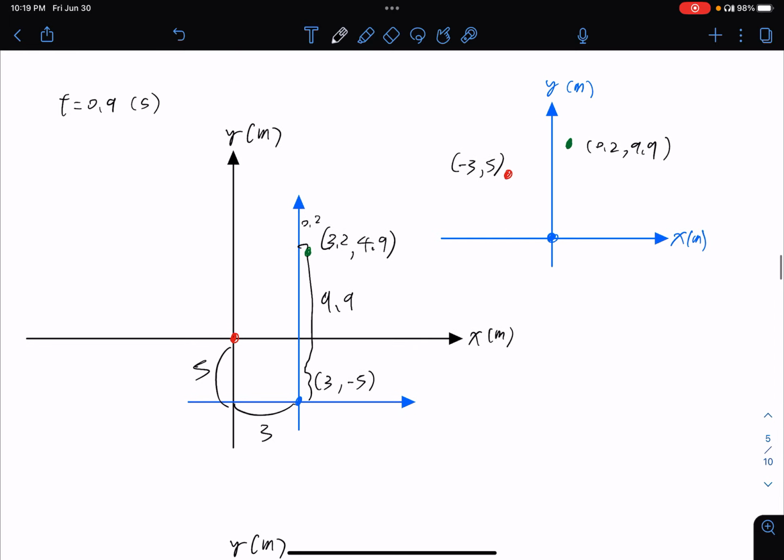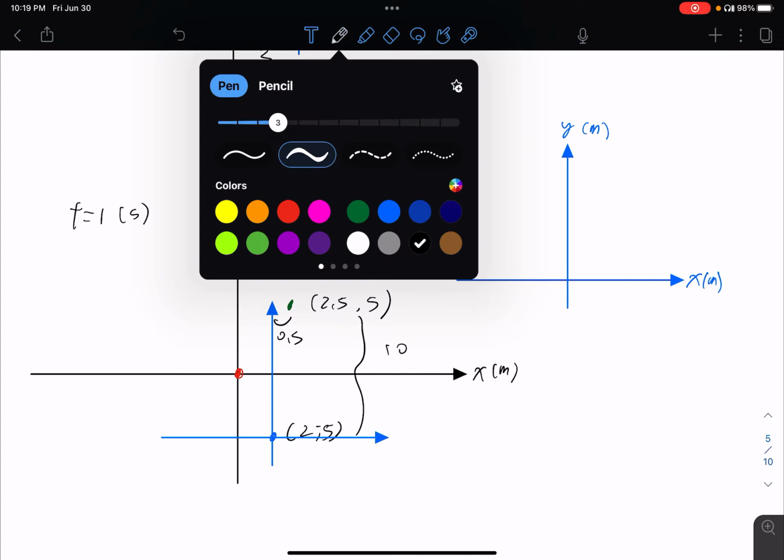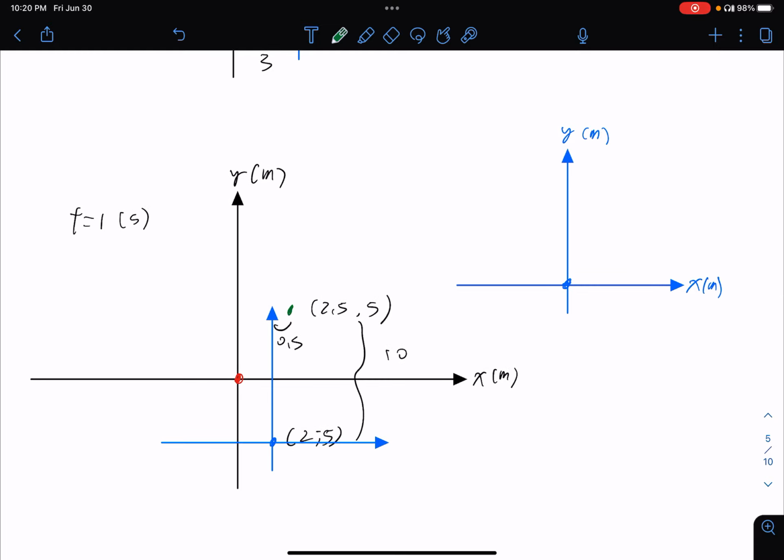We have the green dot in the blue dot's frame at 0.5 and 10. Now for the red dot it's 2 and 5, so it will be minus 2 and 5. Okay, good.